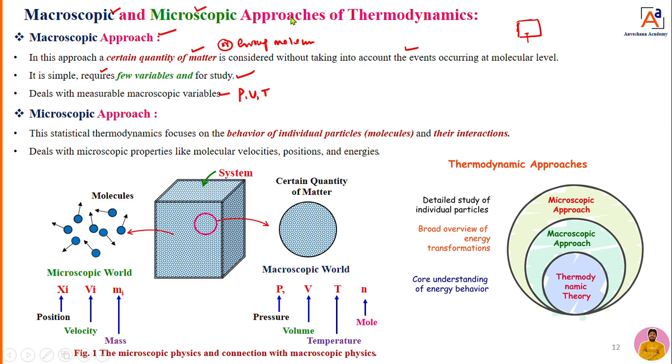The second approach is the microscopic approach. It is a thermodynamic approach in which the behavior or characteristics of individual particles and their interactions are considered for the thermodynamic study.